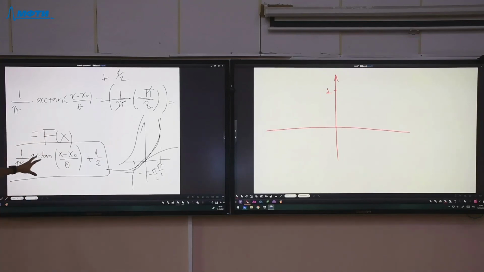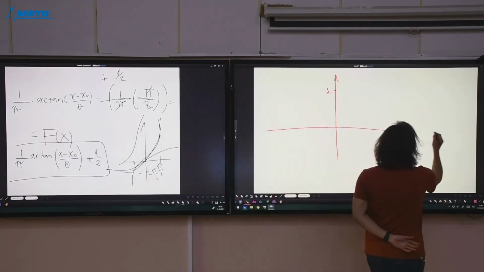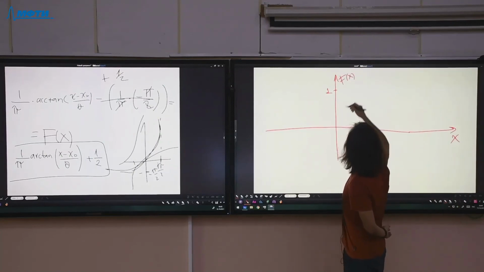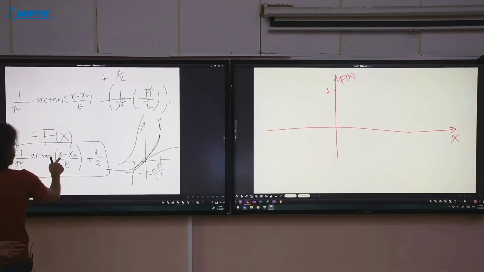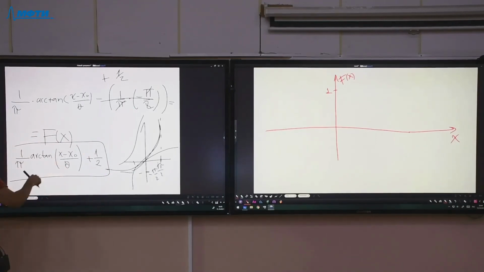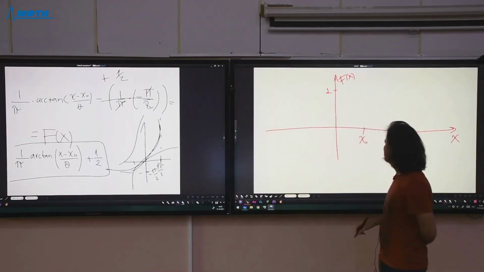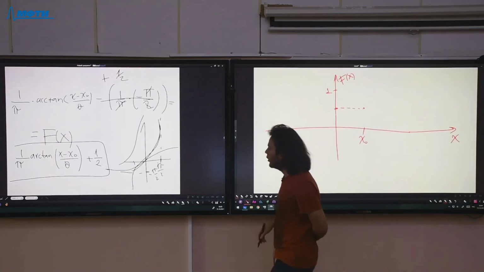So let's look at the graph of this function. Here we have x, here we have F of x. What if x is equal to x0? So here, for example, we have x0. At this point, the function is going to be what?